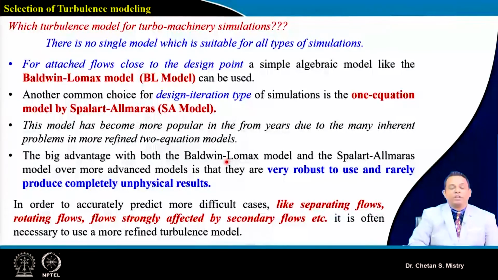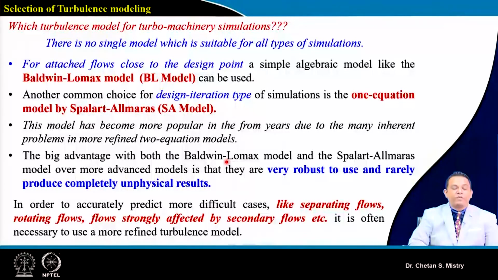There is no single model that will give us the solution for the analysis we are doing. There are different models. The first model, when we have attached flow or a design kind of configuration, is the Baldwin-Lomax model, the BL model, as people say, which is more than sufficient.